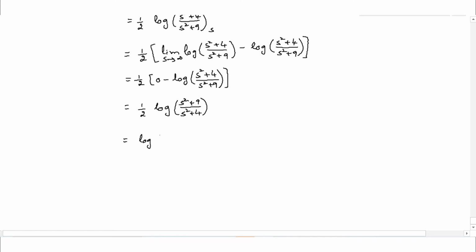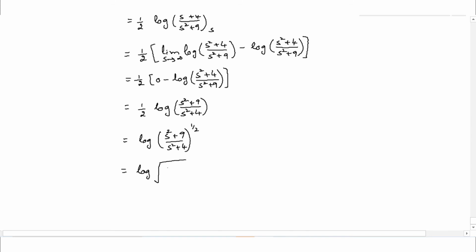So what will happen to this half? It will come to the power, just using the properties of logarithm. Power half represents square root.